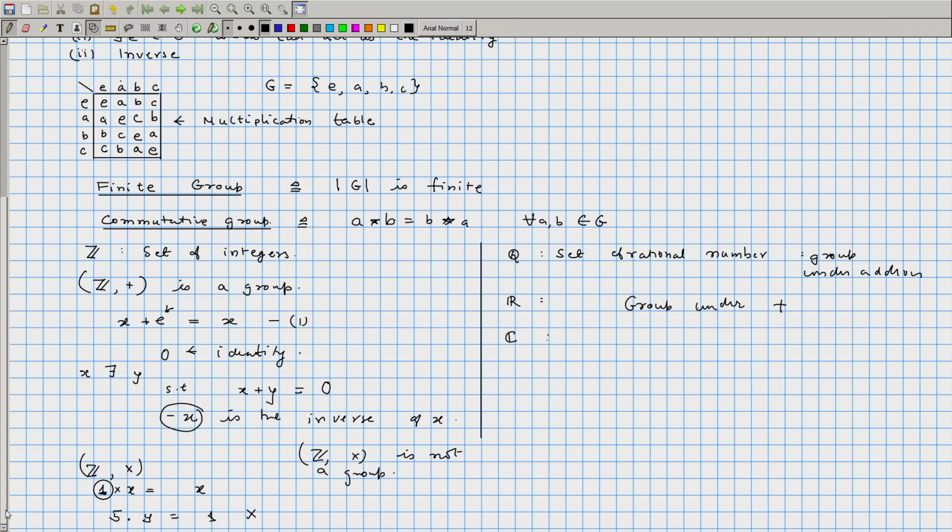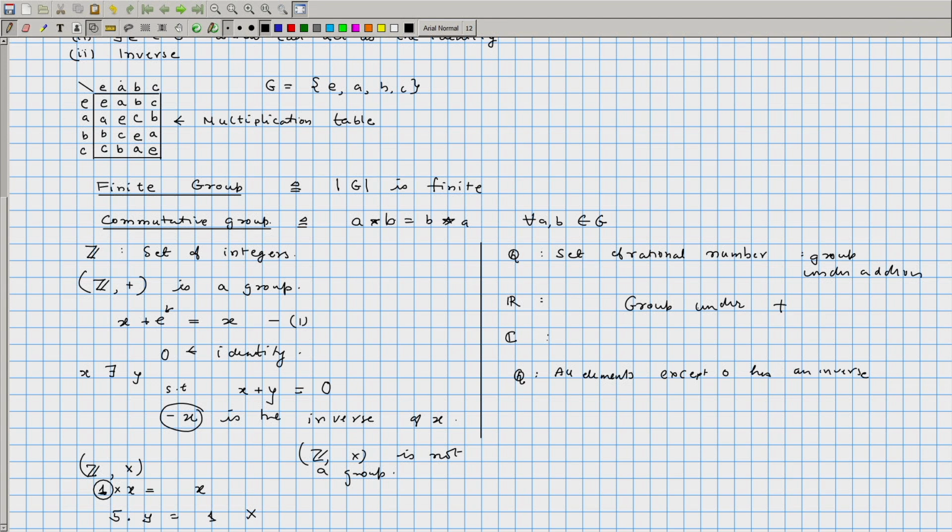Now, if you look at the set of rational numbers, you can look at all the rational numbers, you still have the associativity property, and 1 is going to serve as the identity, but all elements except 0 have an inverse.